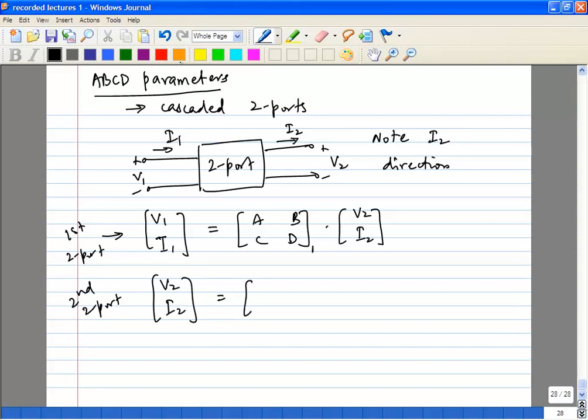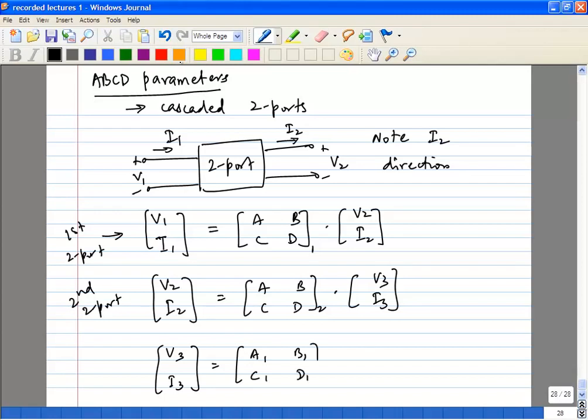So let me call this ABCD1 times V3, I3. So what that means is, there's a very straightforward relation between V3, I3 and V1, I1. So as you can see, this is very useful for cascaded systems.